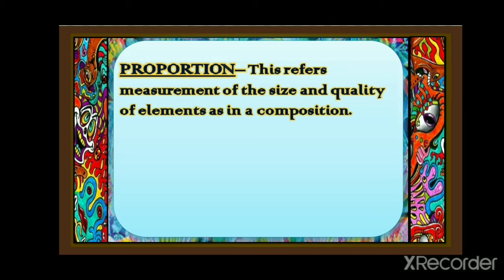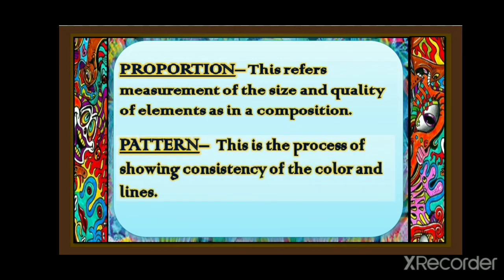The Renaissance artists recognized the connection between proportions and the illusion of three-dimensional space. And last, pattern. This is the process of showing consistency of color and lines. The patterns of line, shapes, or color indicate movement of elements.